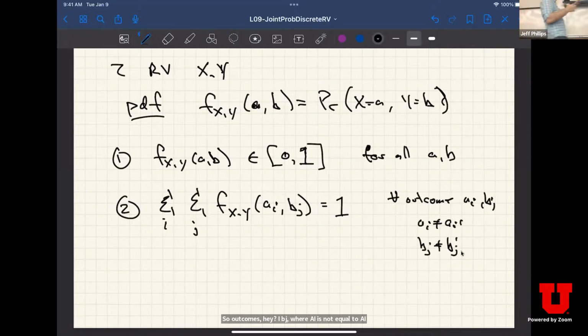So think of each of these with different indices as being distinct. To be clear, the prime is on the j on the index there. So for different indices, those are different outcomes, and so they have to be distinct. So that means I can decompose the probability, and if I cover all outcomes, it has to add up to 1. Okay, this is the property of a PDF. So if I sum over all outcomes, now I have to sum over A and B, not just the choices of A or not just choices of B.